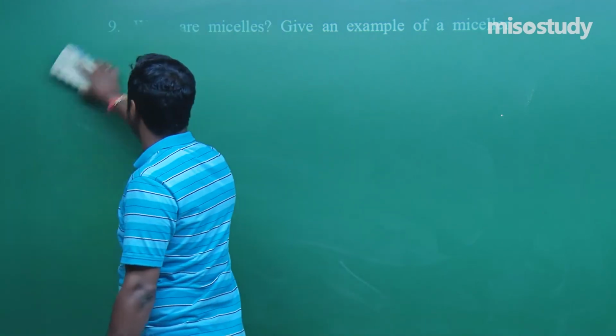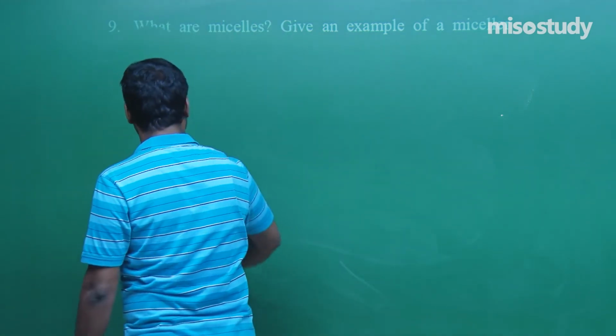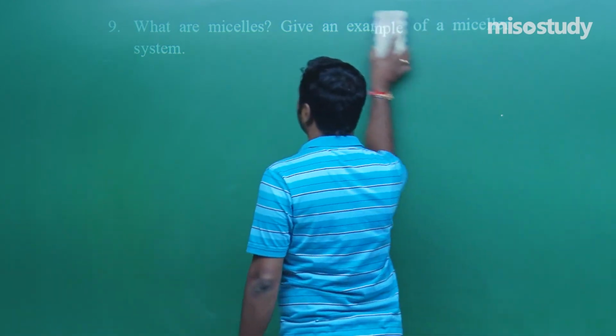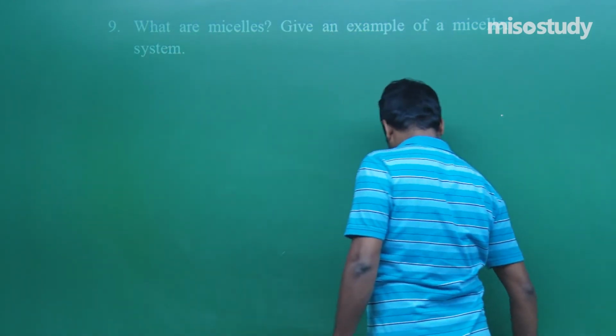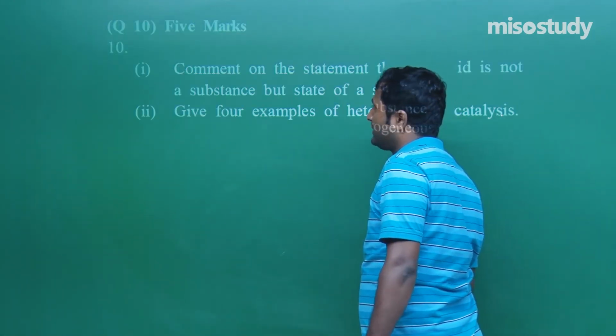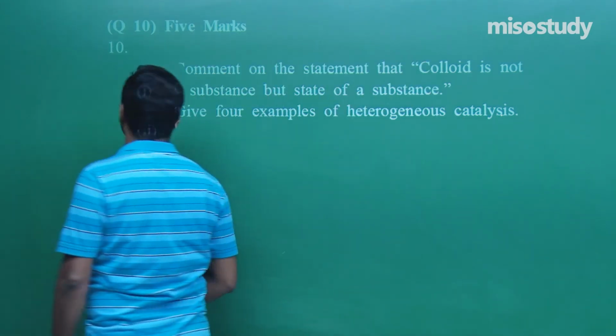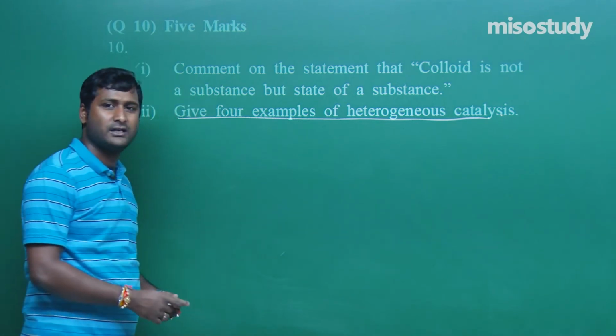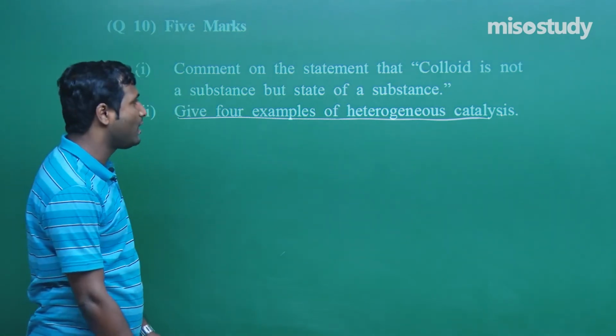The next question, listen carefully to what is given here. That is question number 10. First of all, we will do the second part: give 4 examples of heterogeneous catalysis. What is heterogeneous catalysis?